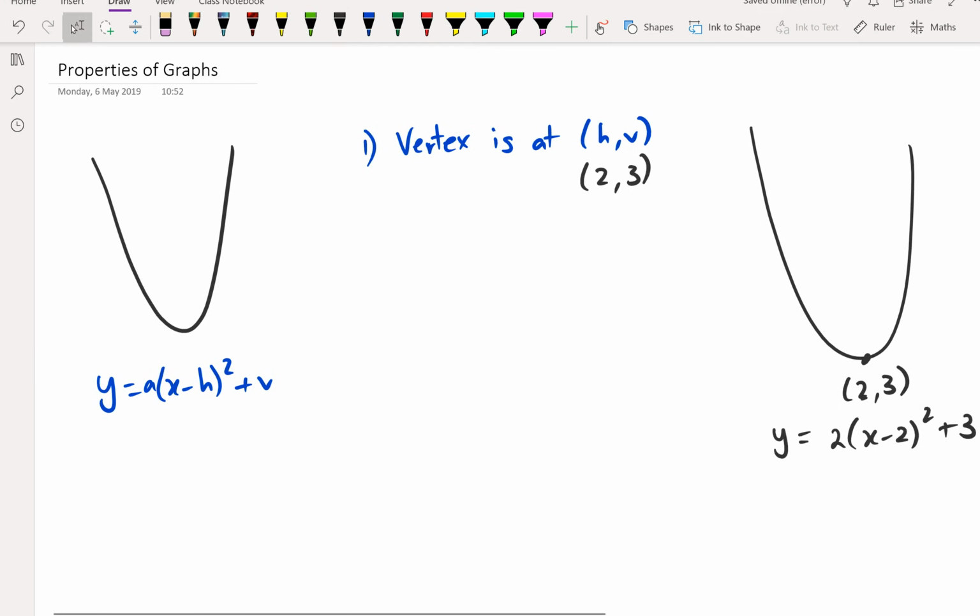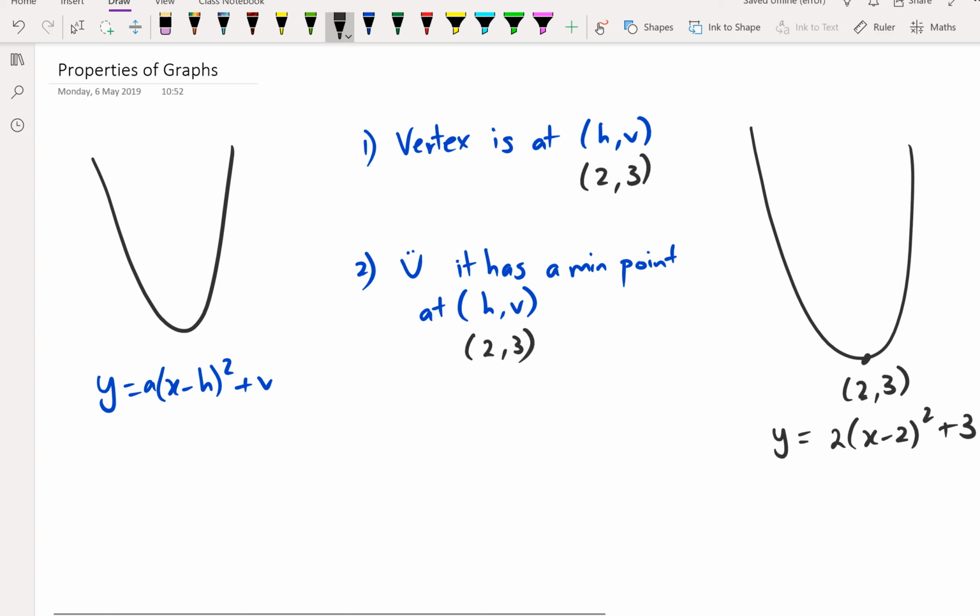Now if your parabola is looking like a smiley face, then you say that it has a minimum point at (h, v). So in the example I gave you, the parabola has a minimum point at (2, 3), because that's the lowest point of the parabola.